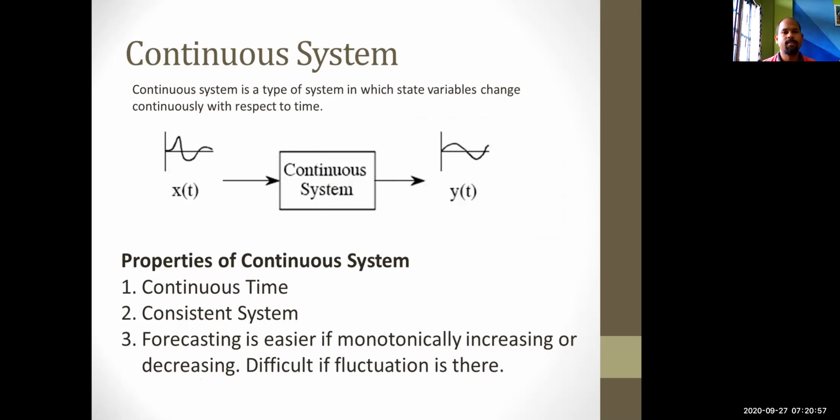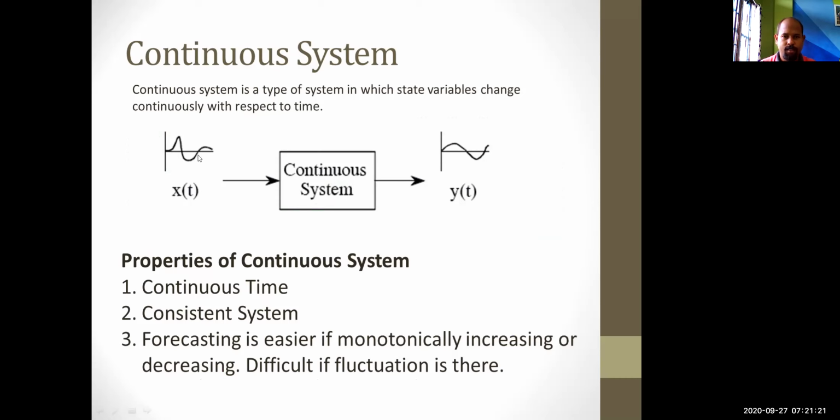Now let us see what is a continuous system. A continuous system is a type of system in which state variables change continuously with respect to time. Here you can see x(t), which is a function, and it is of the continuous type.